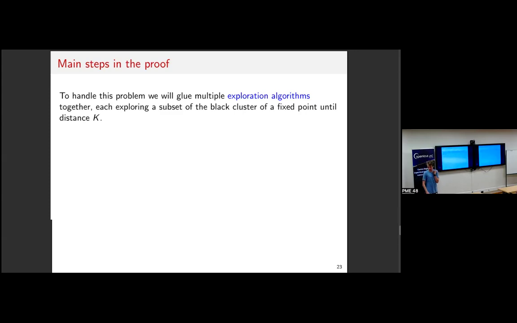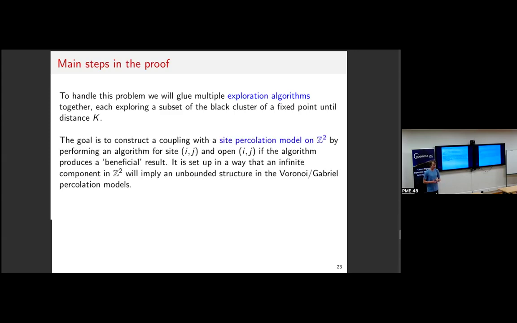And what we do is we couple all those exploration algorithms with a side percolation model on Z2. This is just some helper. So for every single side of Z2, we want to run one exploration algorithm that explores the points up until some fixed distance k, and then we restart an exploration again in order to not explore too many points.